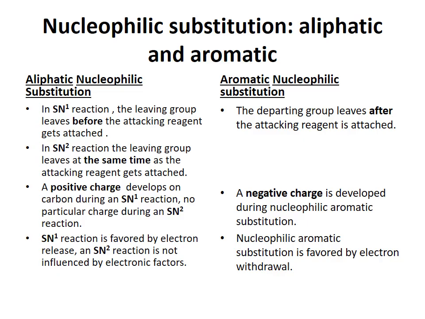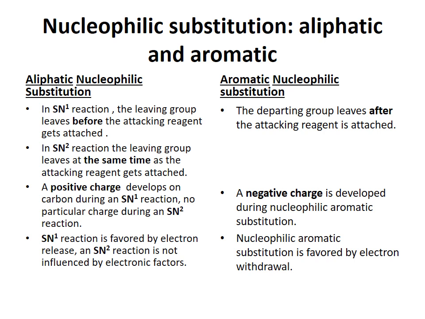Now we can make a comparison between nucleophilic aliphatic substitution and nucleophilic aromatic substitution. As we know, in nucleophilic aliphatic substitution there are two mechanisms, SN1 mechanism and SN2 mechanism. In nucleophilic aromatic substitution also two mechanisms are there, the bimolecular displacement mechanism and the benzene mechanism or elimination addition mechanism.